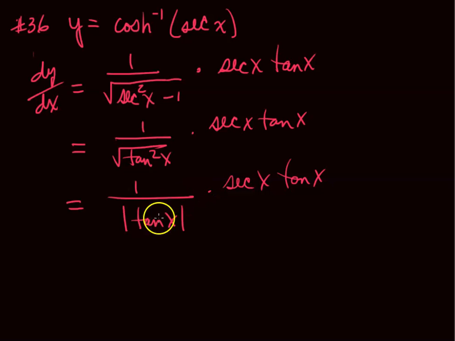Now, these are going to cancel. The big question is, how is that absolute value going to affect all this? Because the secant all by itself goes on forever. But if the tangent of x is restricted to, let's see, this tangent, we'll put it over here.